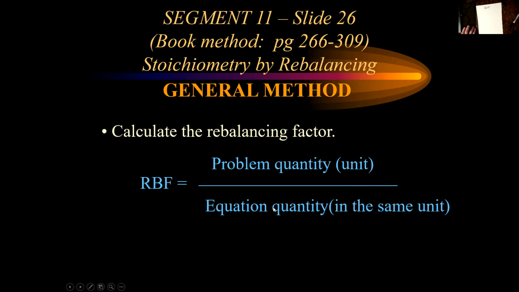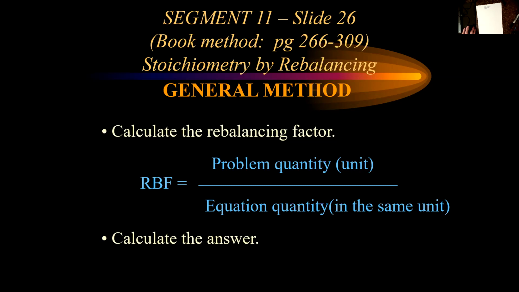Now, generally, we'll have this unit. We know what it is, but we want to put the problem quantity in that same unit here. Okay, so that's the general method. We take whatever's given in the problem with its unit, locate that substance in the equation and put it in the same unit that's in the problem, and then multiply everything in the equation through by that.